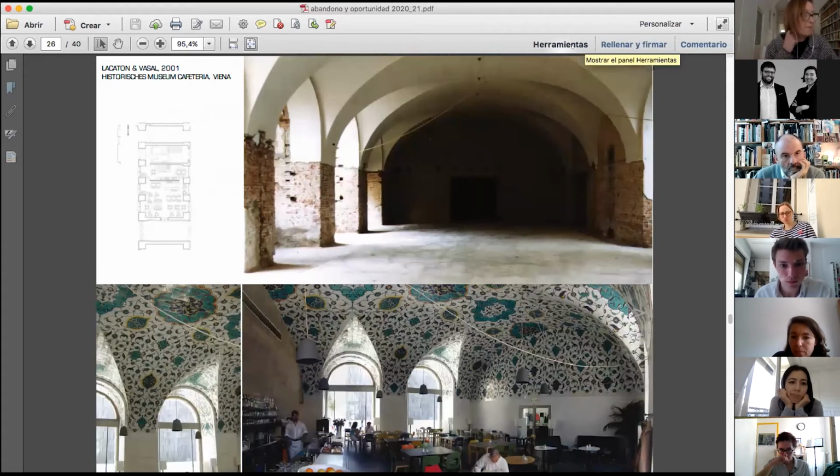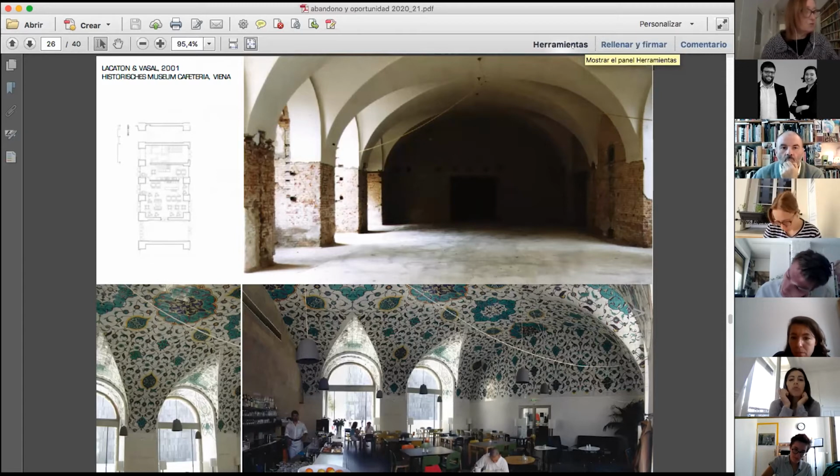Another great example of revaluation is the old stables renovation by Lacaton & Vassal that turned them into the Architekturzentrum's cafeteria. The structure and the vaulted base remained intact, and the intervention did not affect more than some interior walls.